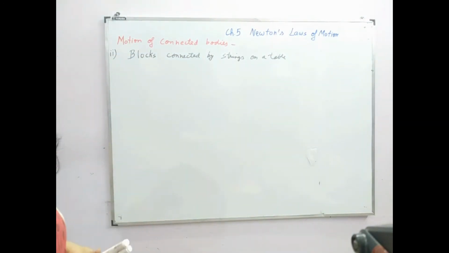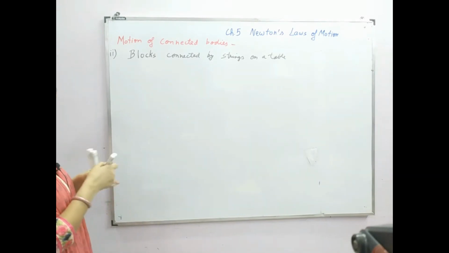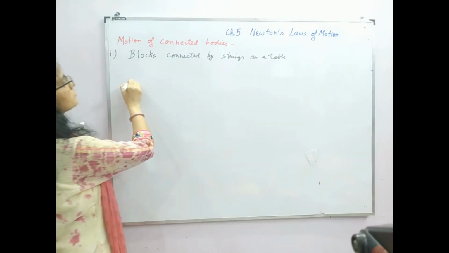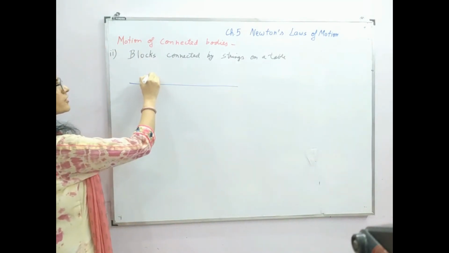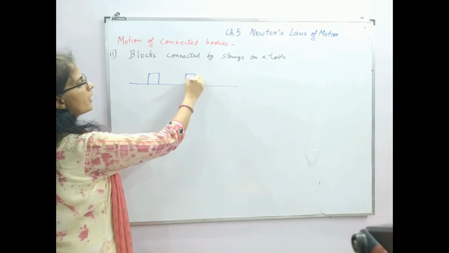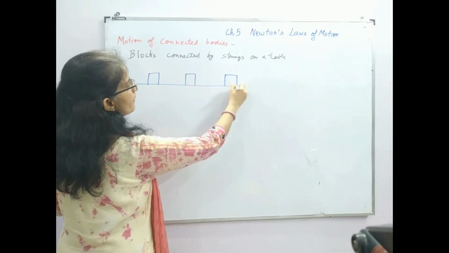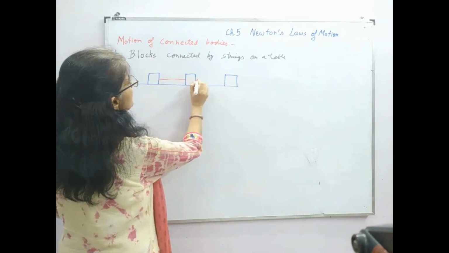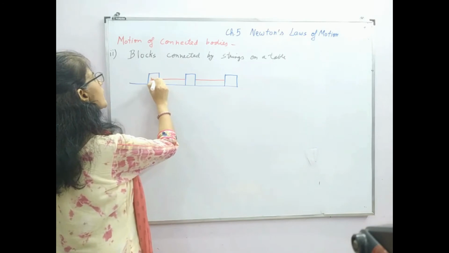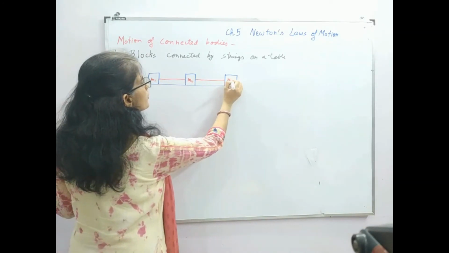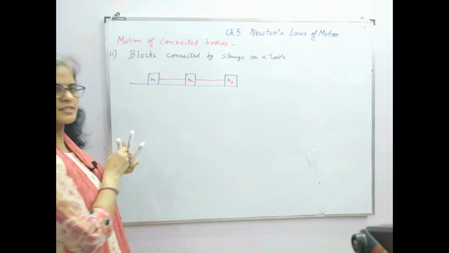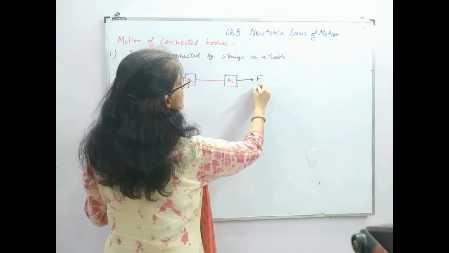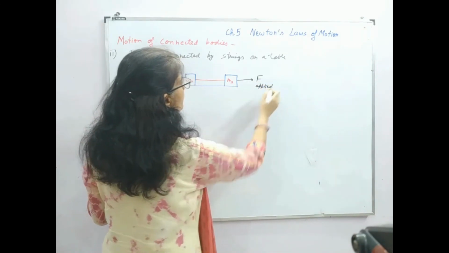So if I have the three boxes like this, so if I have this mass m1, m2, m3 connected by string, this here and this here, this is m1, m2, m3. A force is applied towards right. So this is the applied force, right?